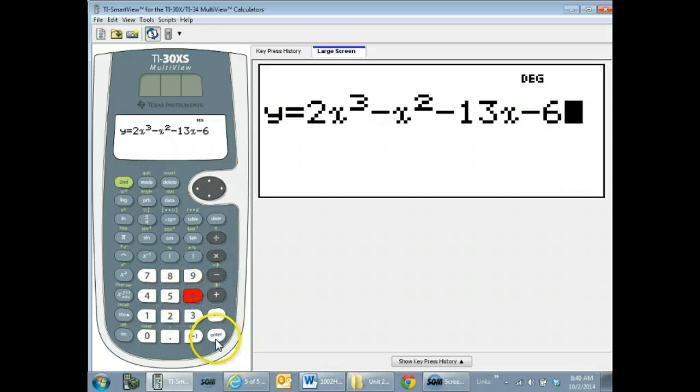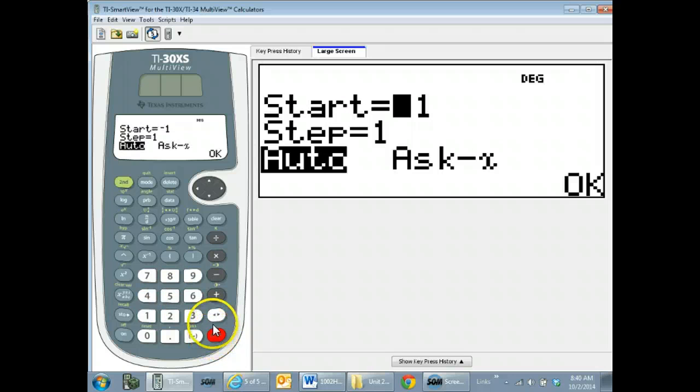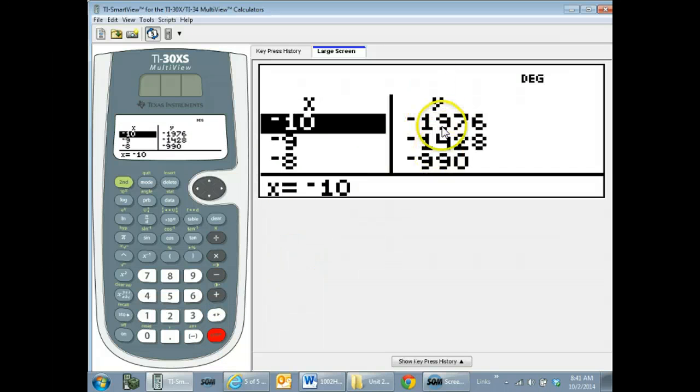Okay? So let's take a look. I always start from negative 10. So far, I've never seen it go past that, so negative 10 seems to be a good place to start. So I'm just going to scroll down looking for zeros on the y side.